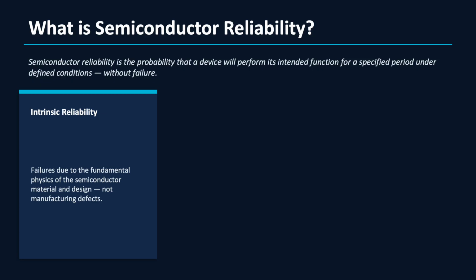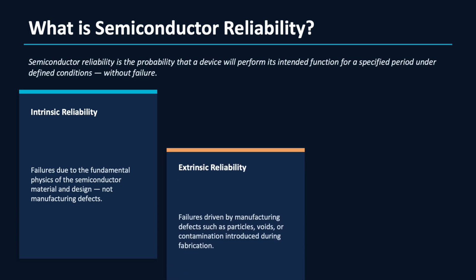The first one is the intrinsic reliability failure. These failures are due to the fundamental physics of the semiconductor material and design and is not caused by the manufacturing process.